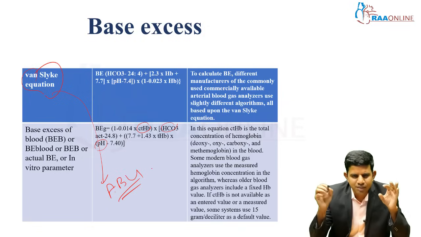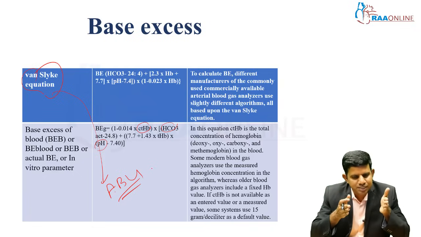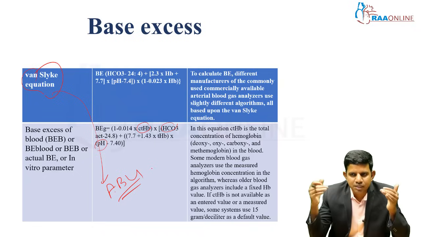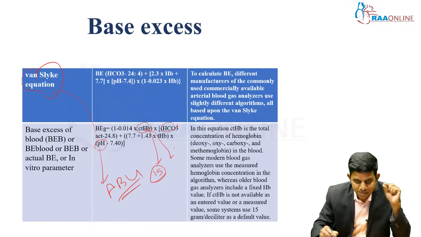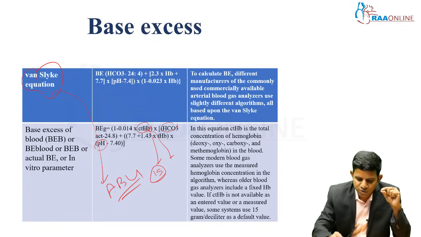In various ABG machines, if, for example, I calculate the base excess in the same patient's blood from different ABG machines, the machines can give different values of base excess for two reasons. One is that some of the ABG machines use the hemoglobin concentration as a fixed 15. Some ABG machines will measure the hemoglobin level and include it in the equation.